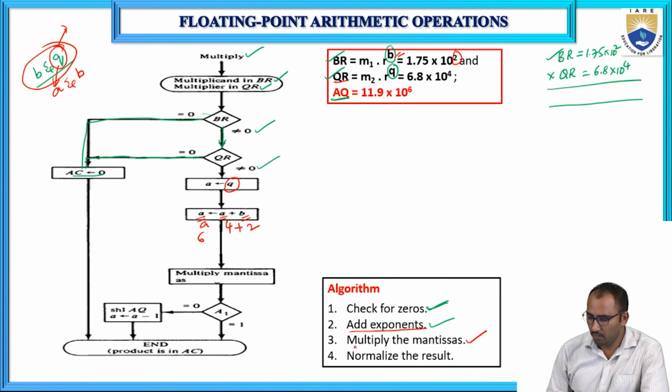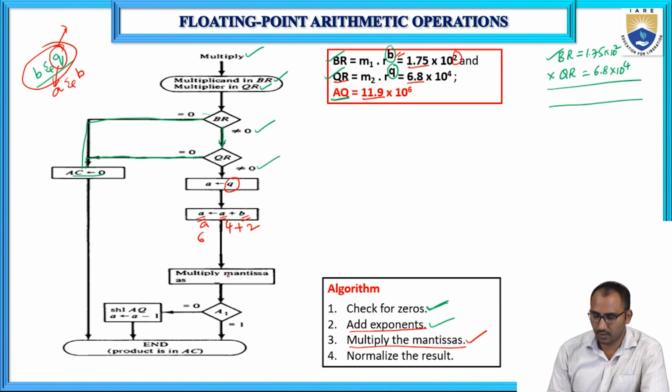Now we can multiply the mantissas. The mantissa of the first number, BR register, is 1.75. The mantissa of the QR register is 6.8. After multiplication, the final product will be 11.9.